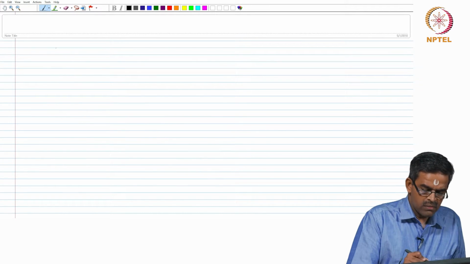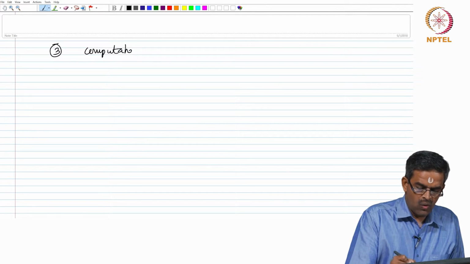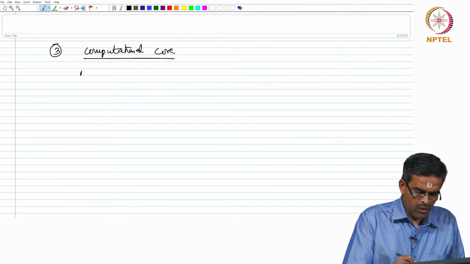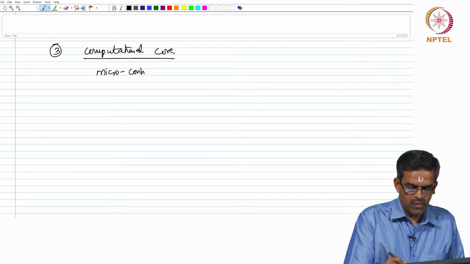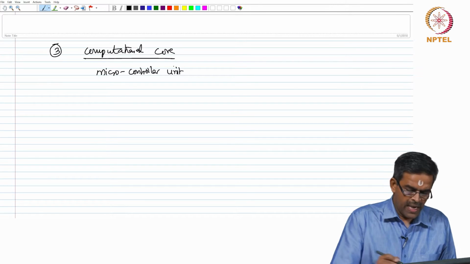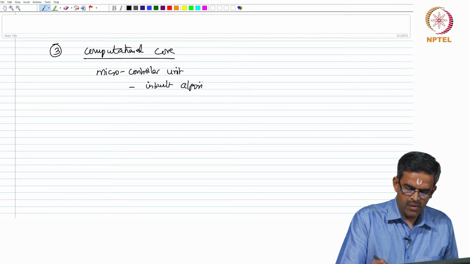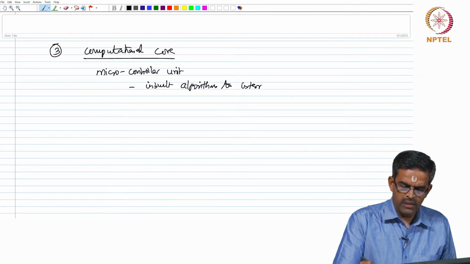The third one is the computational core. It will be a microcontroller unit which has inbuilt algorithms to interrogate the measured data.